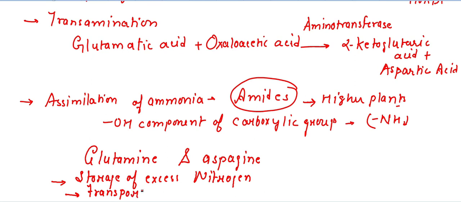Amides contain more nitrogen than the amino acids because the additional NH2 group is there. So they are transported to other parts of the plant via xylem vessels.